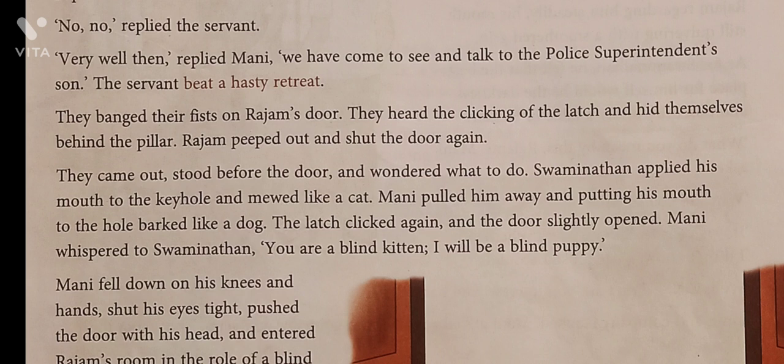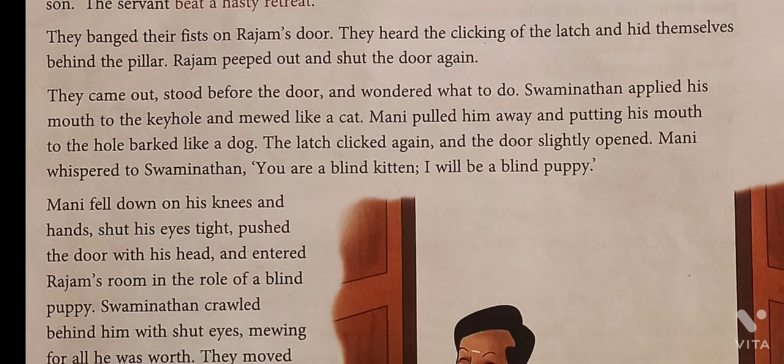They banged their fist on Rajam's door, like this. They heard the clicking of the latch and hid themselves behind the pillar. Rajam peeped out and shut the door again. They came out, stood before the door, and wondered what to do.